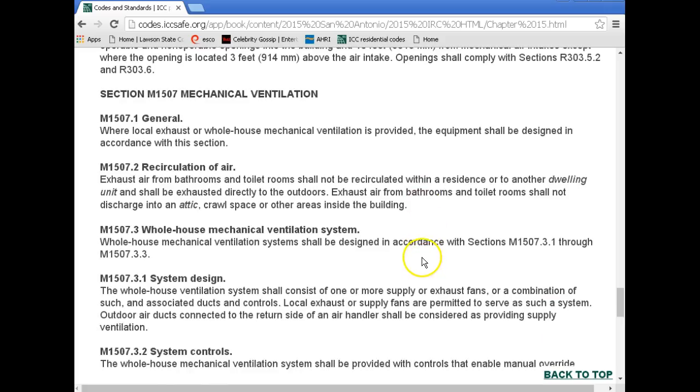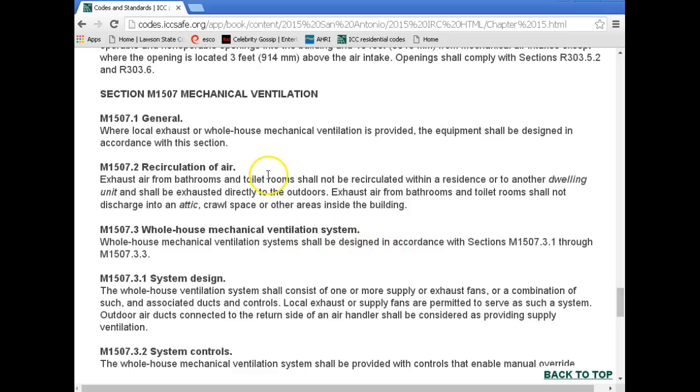All right, let's look at our mechanical ventilation, 1507. In particular, we were looking at whole house. Is that what we were looking at? All right, so this is pretty complicated, so let's take a minute to look at this.